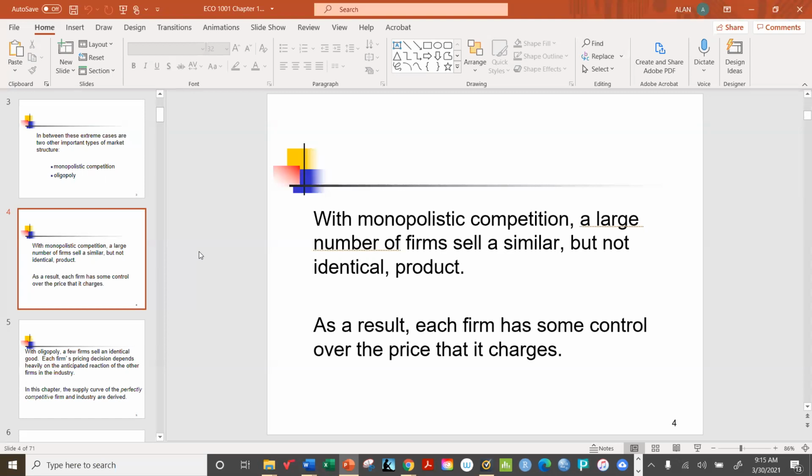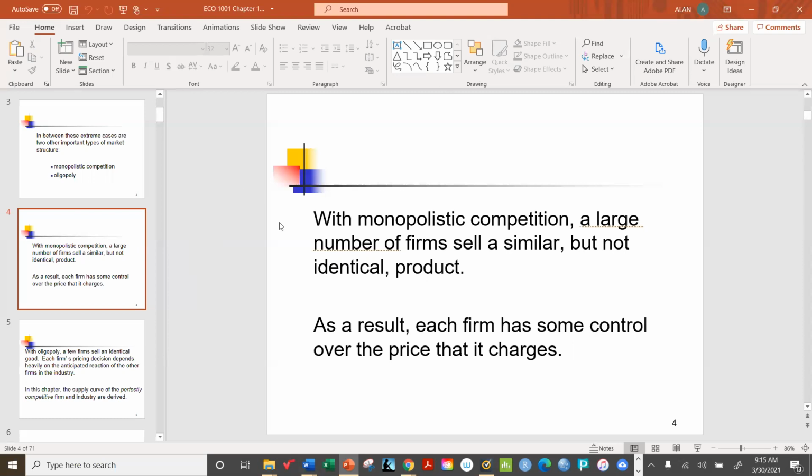A lot of people are just going to walk further down and go to the Burger King down the hallway, or the Wendy's or the Arby's or whatever. So that's monopolistic competition, because the products are similar enough that there's a lot of competition, but since they're not identical, it is not perfect competition.